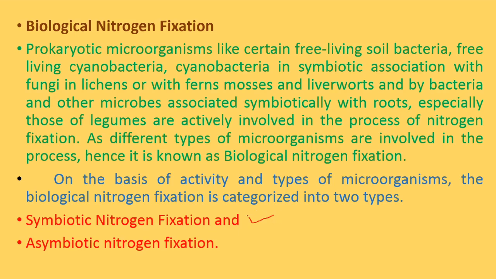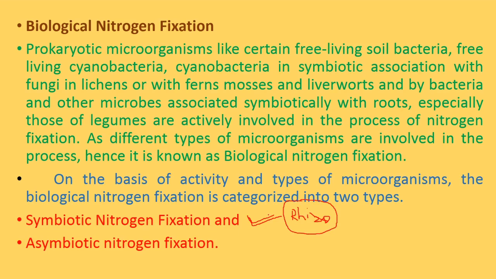The most common example of symbiotic nitrogen fixation is nitrogen fixation by rhizobium. Rhizobium is a very common type of bacterium which is present in the soil. It forms root nodules with the leguminous plants, and in that nodule nitrogen is fixed.